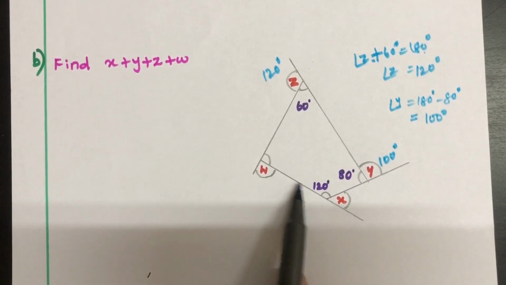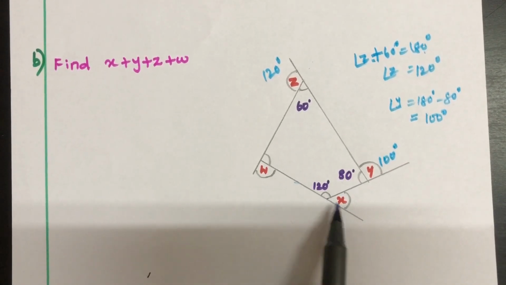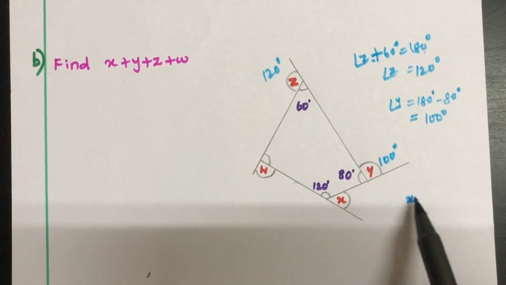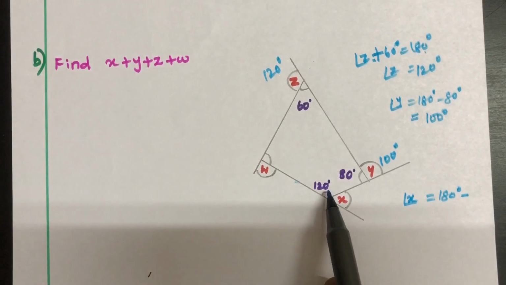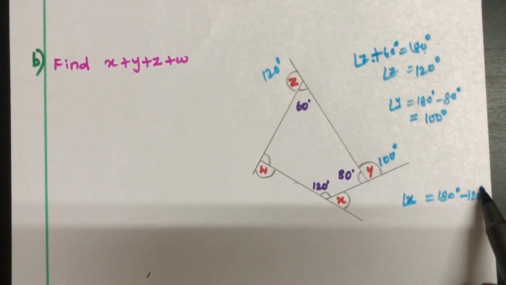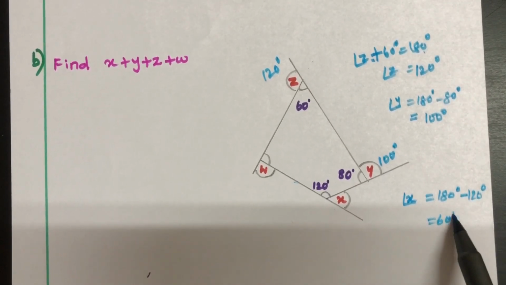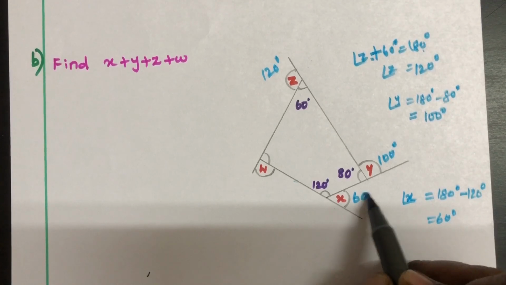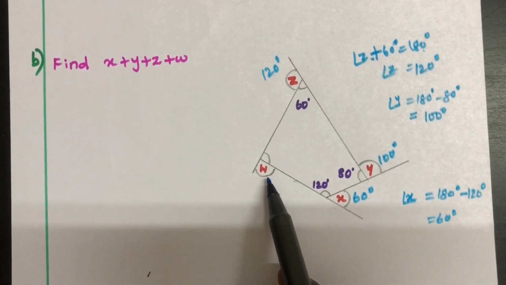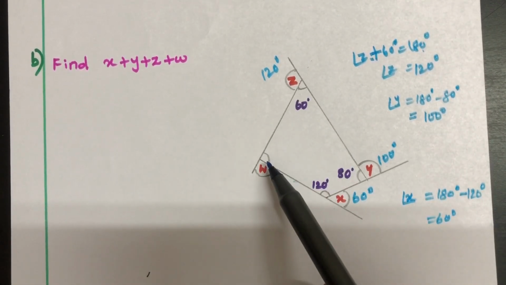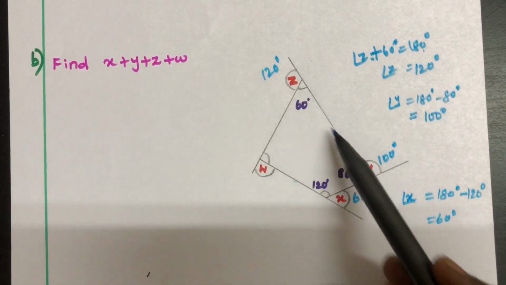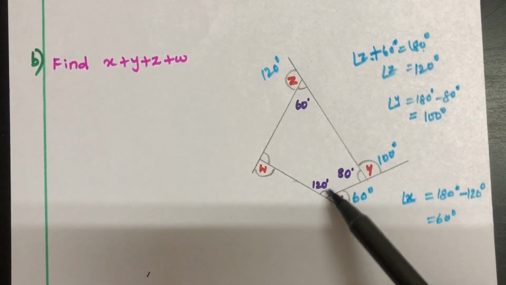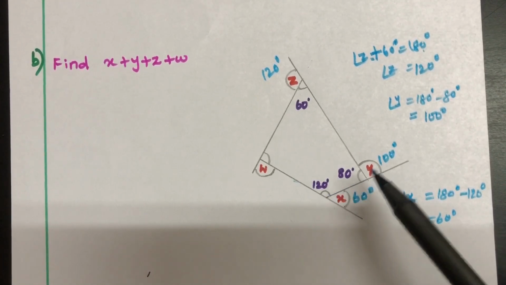X value. This is a linear pair again, right? So angle x equals 180 degrees minus its adjacent angle, which is 120 degrees. This gives us 60 degrees. So this is 60 degrees. Now w. See, the sum of the interior angles of a quadrilateral, a four-sided figure, is always 360 degrees.